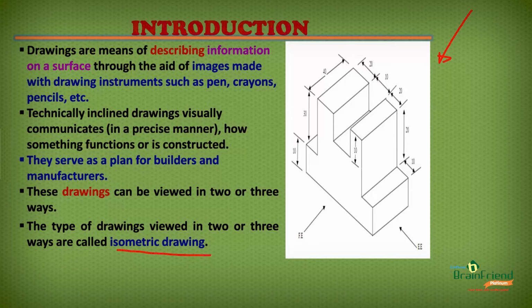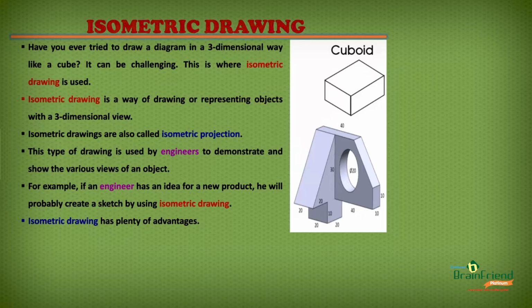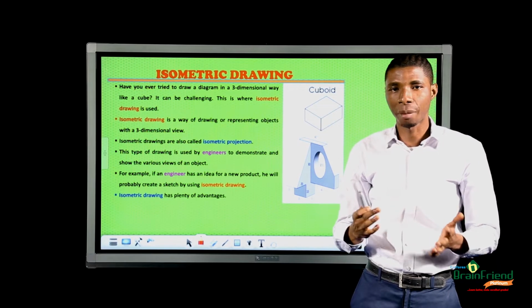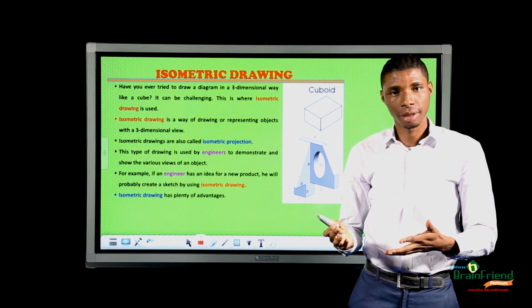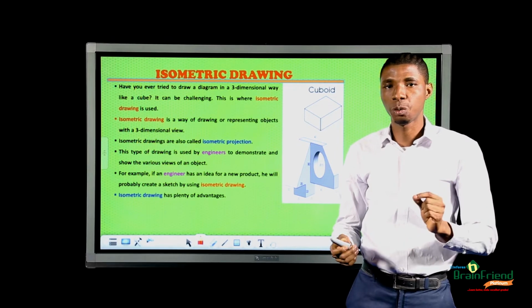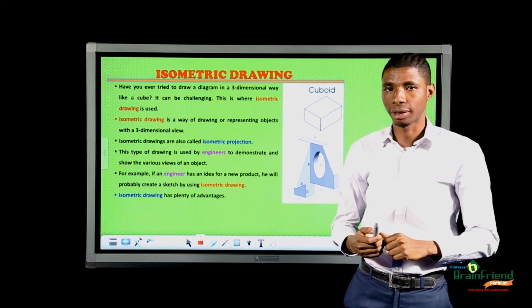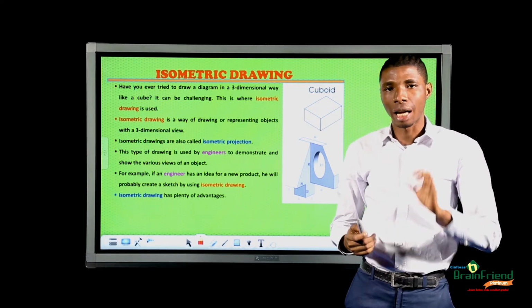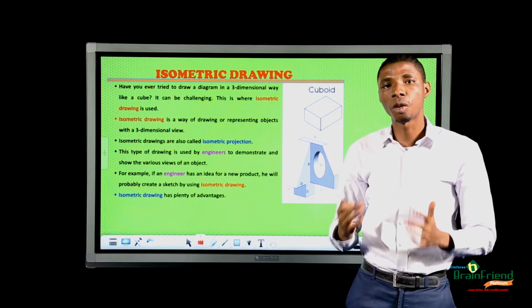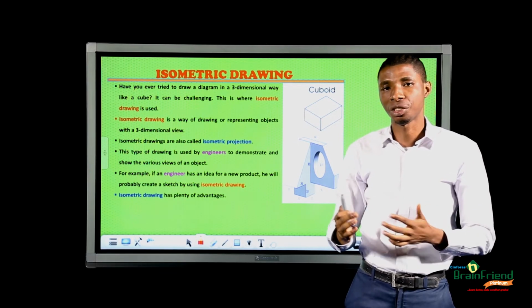Now you may wonder, what is isometric drawing? Have you ever tried to draw an object in a 2 or 3-dimensional shape, like a cube or a box? This is where isometric drawing is very important. Now, what is isometric drawing? Isometric drawing is simply a way of describing or representing objects in 2 or 3-dimensional way.